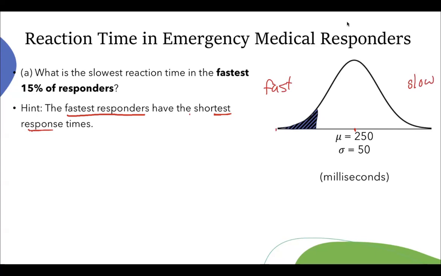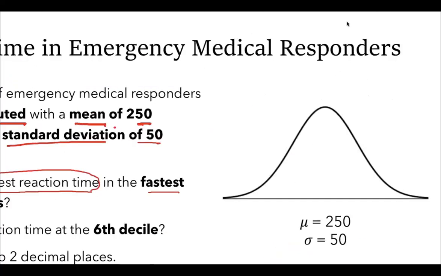So at the very left of the curve, we have the fastest response times, and then it just gets slower and a little bit slower until it hits this vertical line.